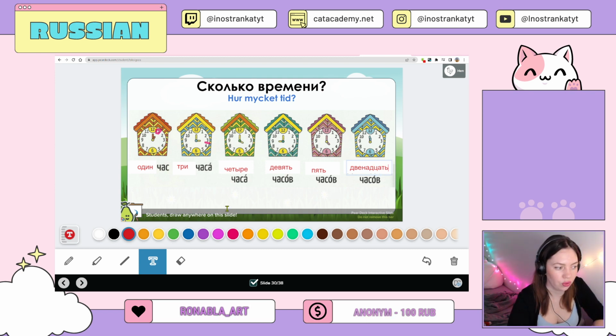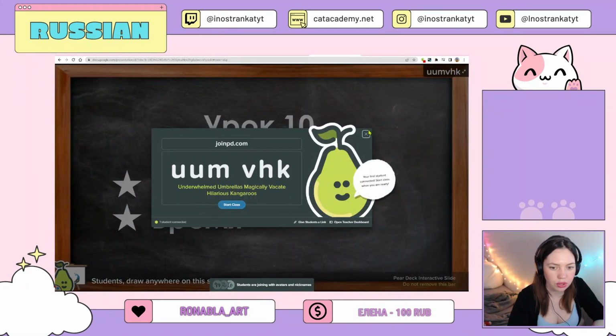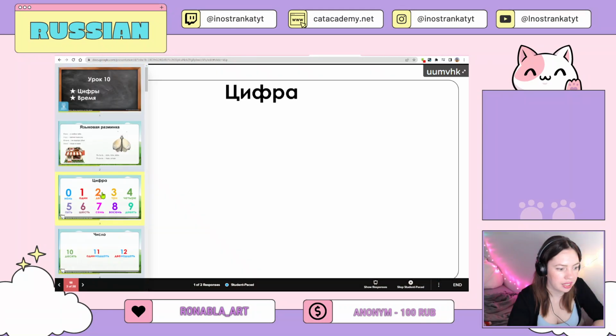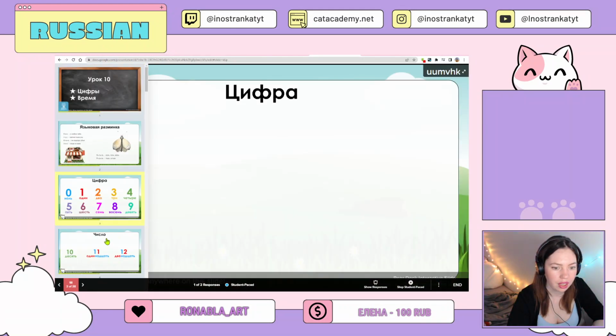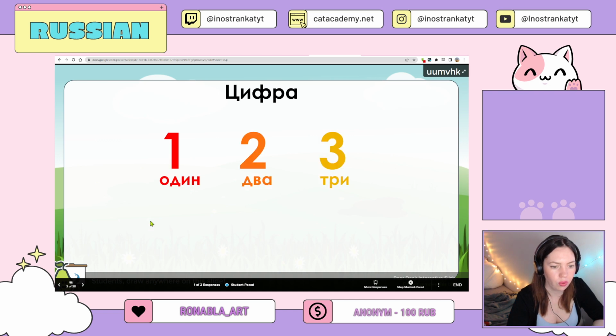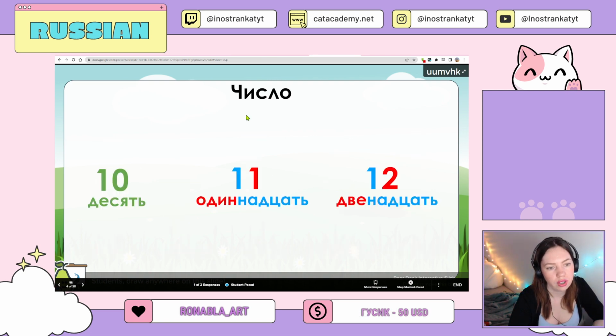12 часов. Again, if you forgot how to spell the numbers, you can always go to slide number 3, and it's a little bit slow here. 3 and 4, and you will see all of the цифры, digits, or numbers, числа.